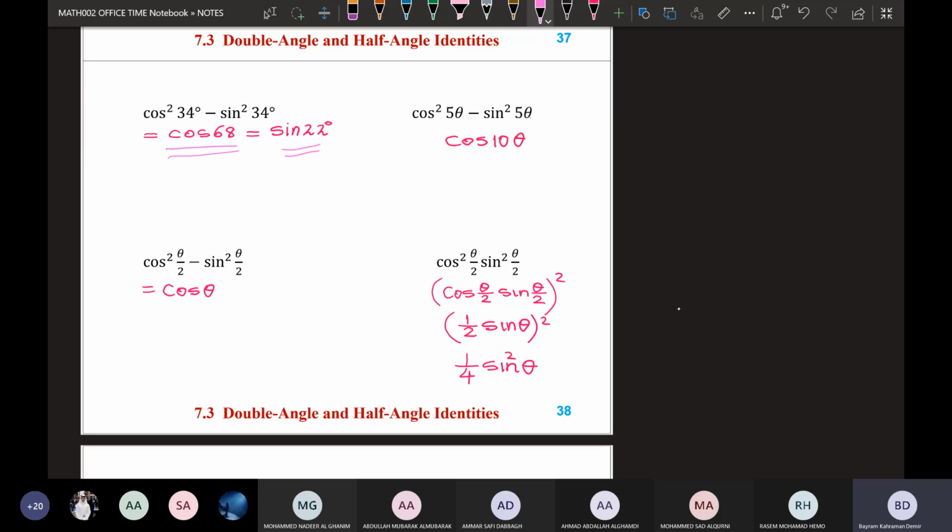It is just cosine of theta, because double of theta over 2 is theta. Cosine square theta over 2 minus sine square of theta over 2 is cosine of theta. All right.